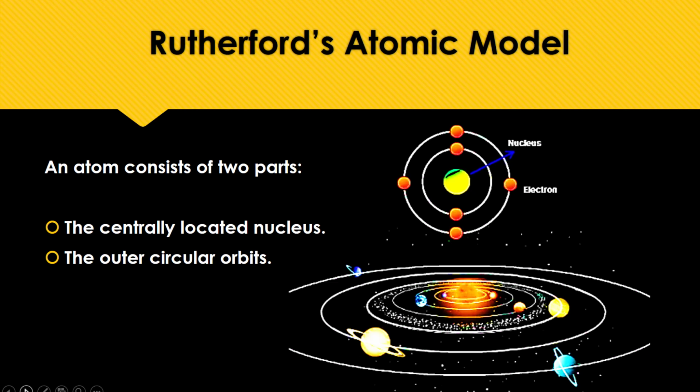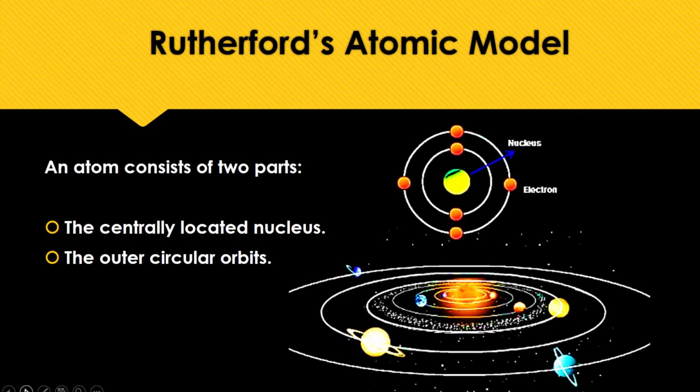If we consider a circular playground and keep one football at the center, you may imagine the size of the playground and the size of the football. This shows that the size of the nucleus is very small when compared to the size of an atom.